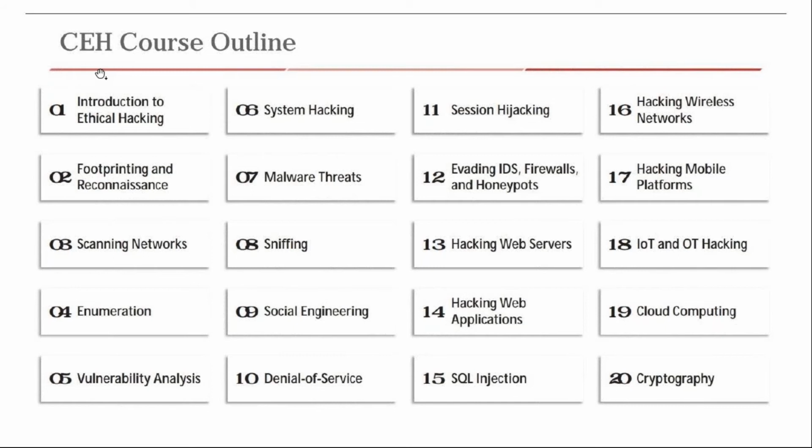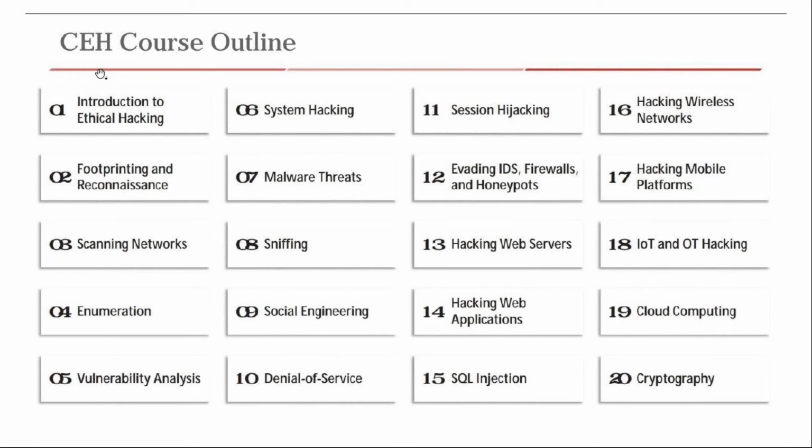You can even control your room heaters, you can control your car. All these are connected through IoT. So it is connected through the internet, which is making it vulnerable. After completing CEH version 11, you would be able to understand the different types of IoT and OT attacks, the hacking methodology, the hacking tools, and the countermeasures to protect your devices in the network.